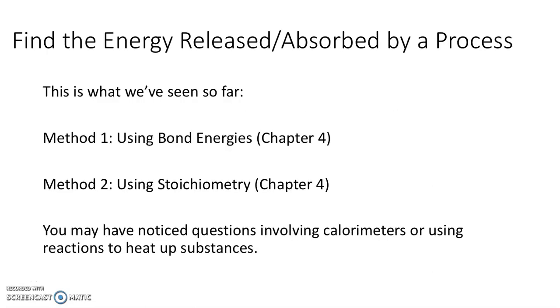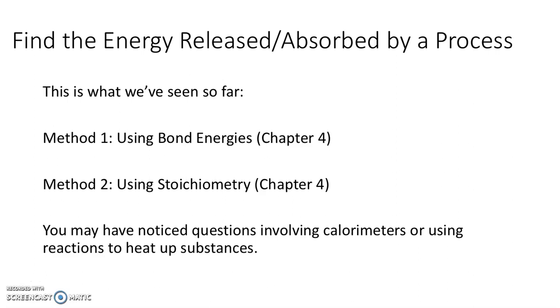But before we even get into that, I want you to think back at what we've done so far. For chapter 4, we focused on two different ways to find the energy released or absorbed by a process. The first one was, if you were given a chemical reaction, we used the bond energy table to figure out the bonds in each of the reactants and each of the products, and we estimated the enthalpy change.